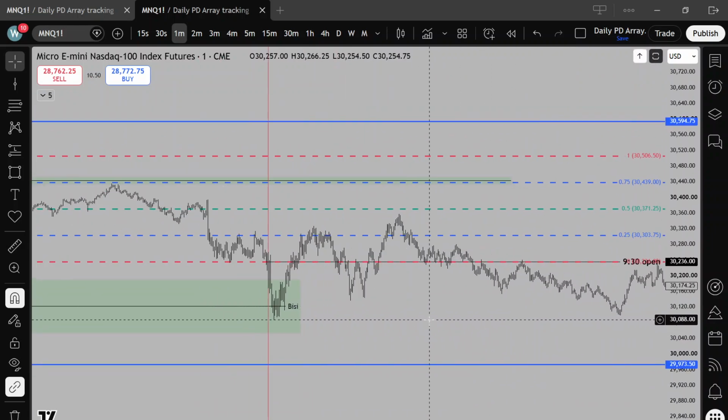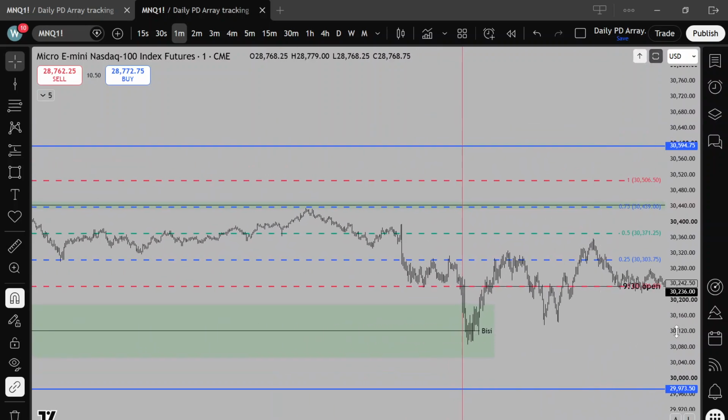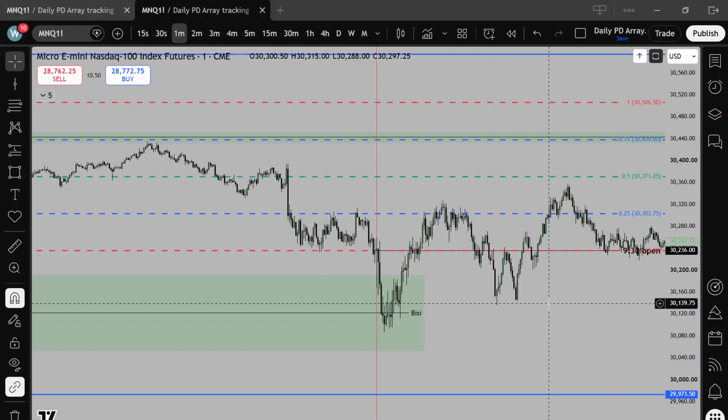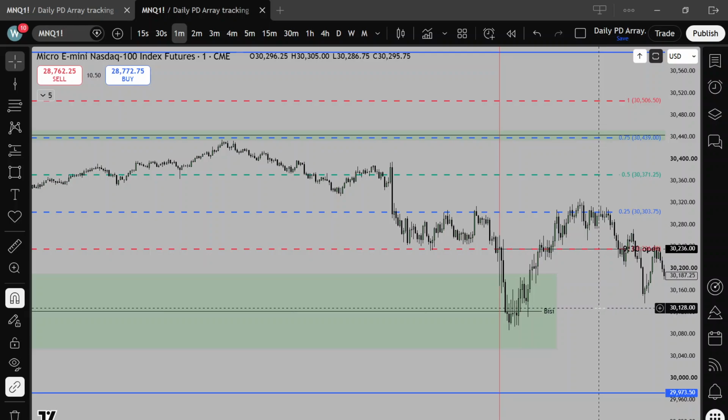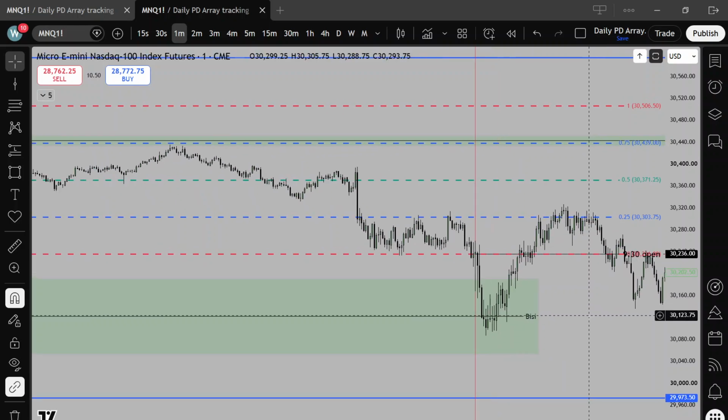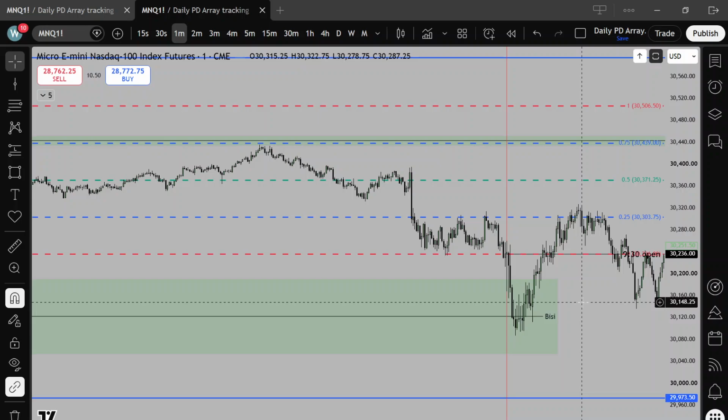So if all you do is look at your chart from this perspective, and then you can look at your draw, you can know where your draw is.